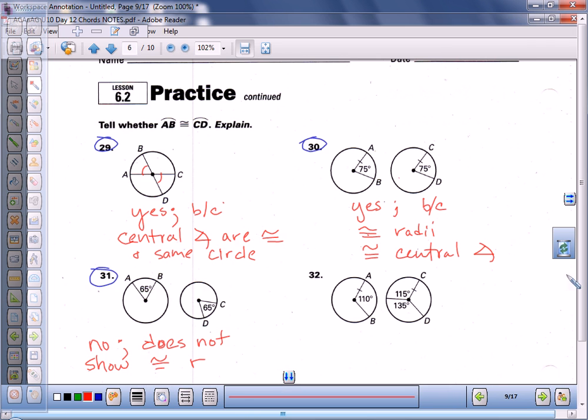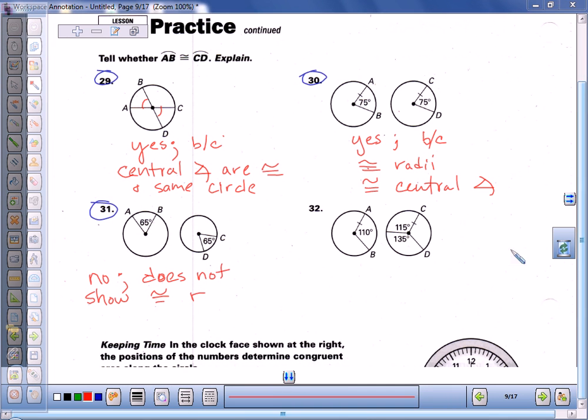Okay. Now, to have congruent arcs, we have to have two things. We have to show congruent radii and congruent central angles. So 29 is yes, because the central angles are congruent. We have the same circle, so obviously we have the same radii. 30 is yes, because we have congruent central angles and congruent radii.